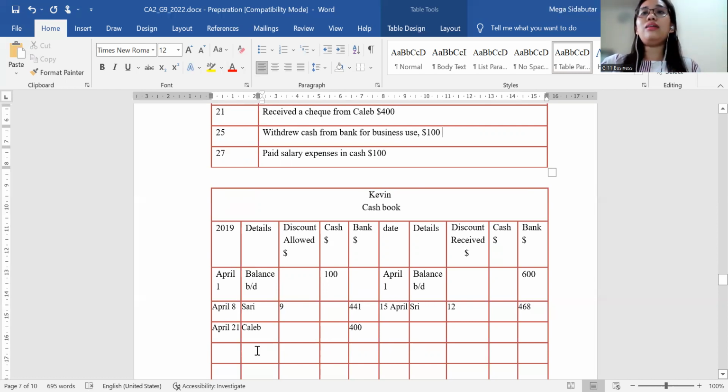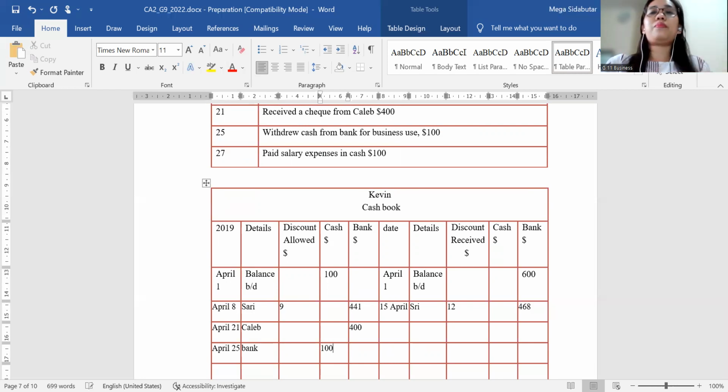It means our cash is increased, right? So April 25, our cash is increased from the bank, around 100. And then we need to record again how our bank is decreased by 100 because we are taking cash.